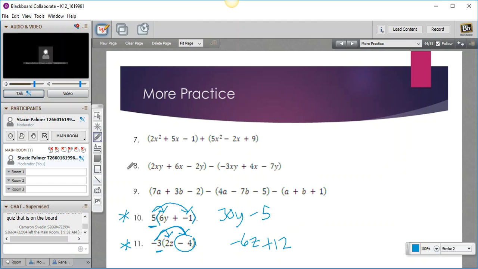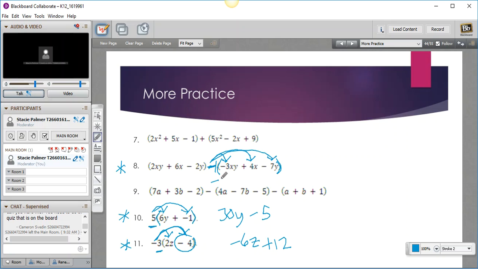Okay. When we look at number 8, can you see that we have a minus sign in front of this parenthesis? If you have a minus sign in front of a parenthesis, it has to get distributed to all of the terms inside the parenthesis, because we're really minusing this, and minusing this, and minusing this, okay? So we distribute it just as if it were a negative 1.